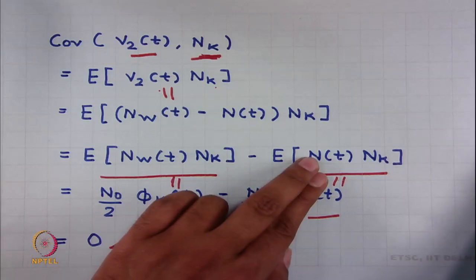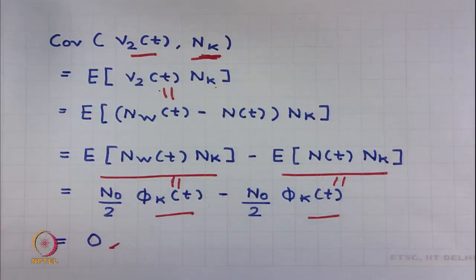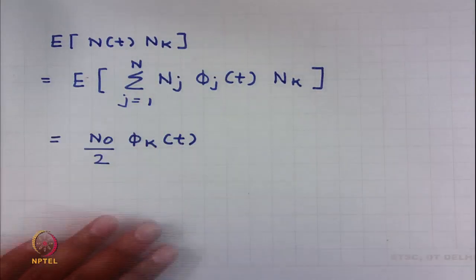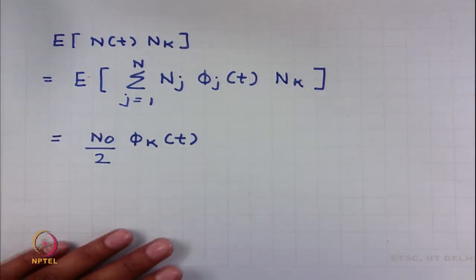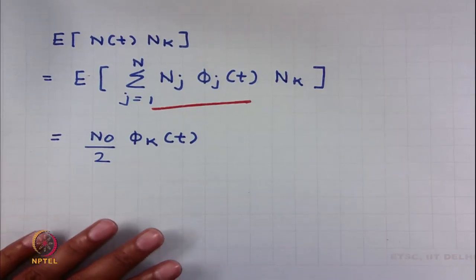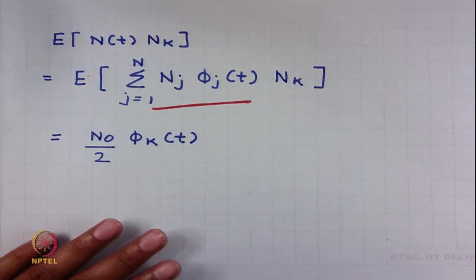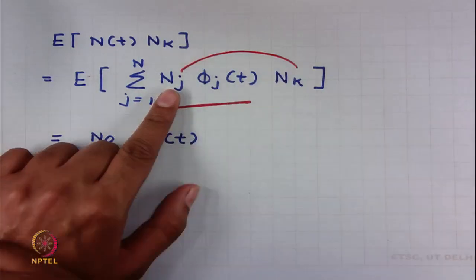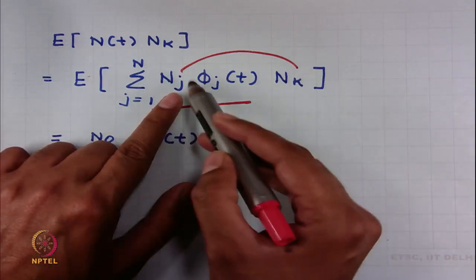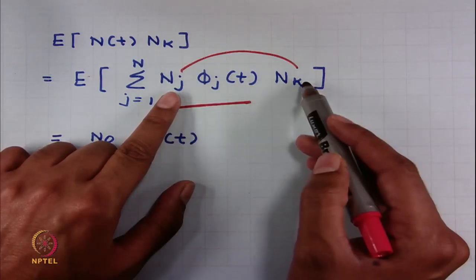Now, let us check on this. What is this? So, we have to worry about the expected value of N_t times N_k. N_t now I am writing in terms of orthonormal functions. Again, these random variables will be uncorrelated, and their expectation would be 0, except when j is the same as k.